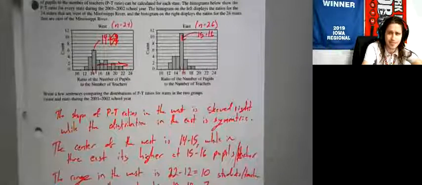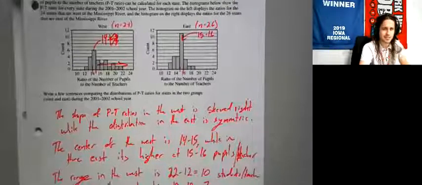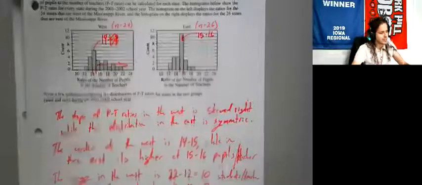What's the advantage of being in the East? Not going to be in a class size of 22. So the East looks a little bit bigger, you're probably going to be in a little bit bigger of a class, but you're not going to be in a really big class. So you've got to consider the advantages and disadvantages.